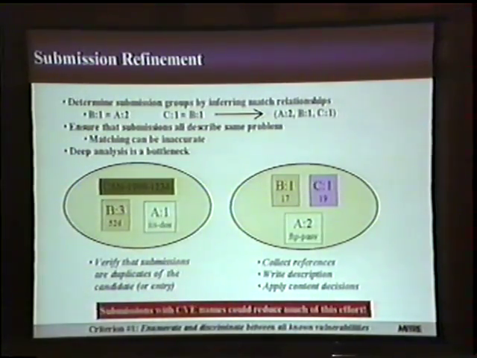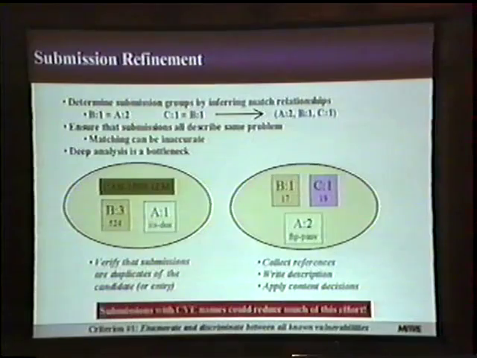Now the problem is trying to figure out how we actually distinguish between those different things in this refinement phase. And that requires a lot of deep analysis, going and looking at source code, looking at exploits, reading through all of the different vulnerability reports, going to all of the different references, relying on past experience. In many cases, when we get submissions, there aren't any candidates, there aren't any things named with CVE yet.